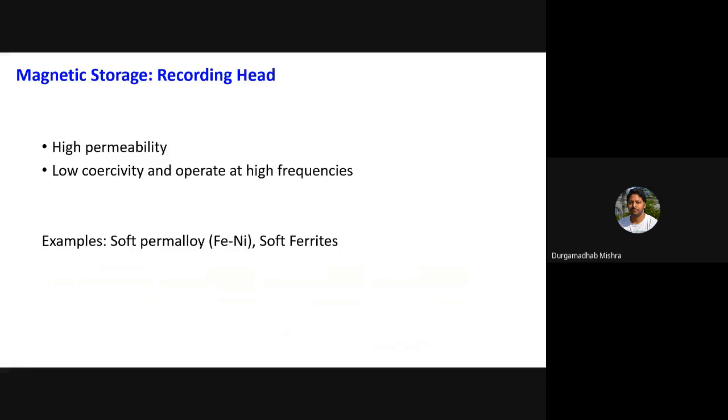Okay, so this is about the storage device. Now what do you need for the recording head? The recording head normally should have a high permeability. It's like your electromagnet, right? When you want to write something, this is pretty similar to your electromagnet operation.